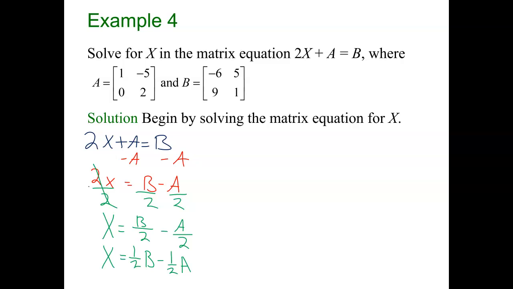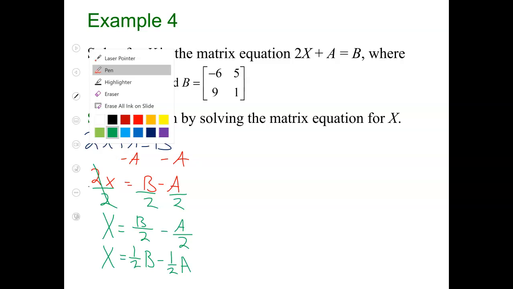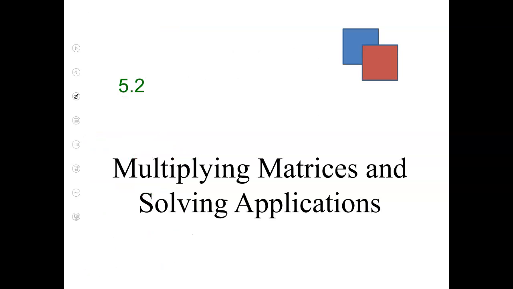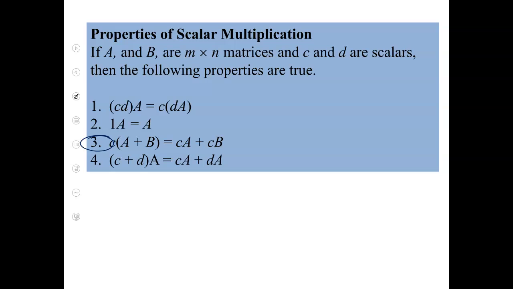All right? And to make it even easier, I have two matrices being multiplied by the same scalar. Back a slide. I have two matrices being multiplied by the same scalar. I can factor that scalar out and then add the matrices first, then multiply.